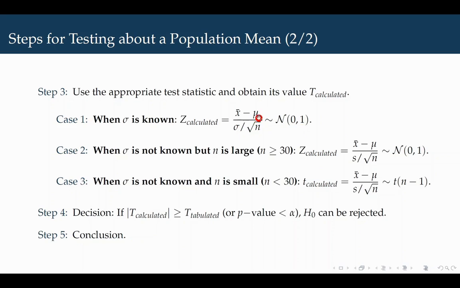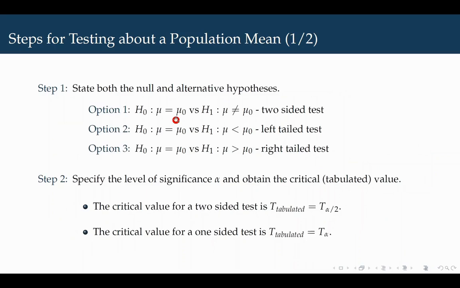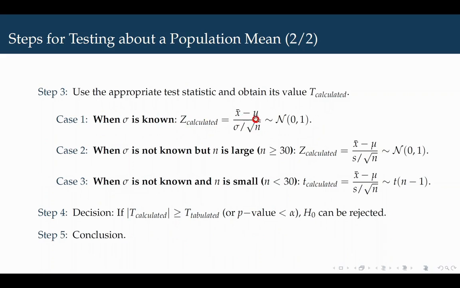Actually, this mu is mu naught, which is assumed under the null hypothesis. So under the null hypothesis, we assume that the population mean mu is not significantly different from the assumed value mu naught. So here in the test statistic, in place of mu, we have to substitute mu naught. So the calculated value is x bar minus mu over the population standard deviation over root n. Therefore, this will have a standard normal distribution, which has a mean of 0 and variance 1.